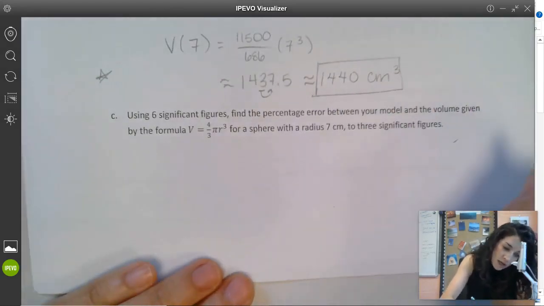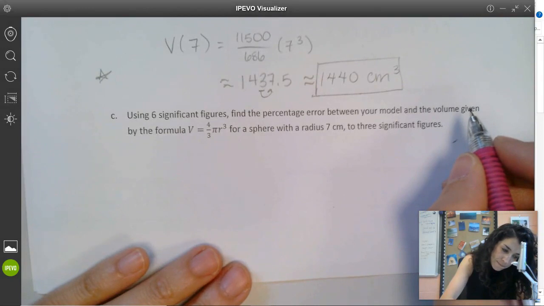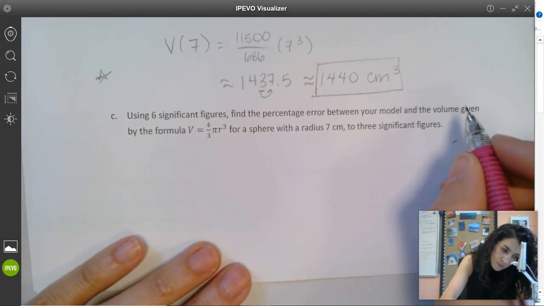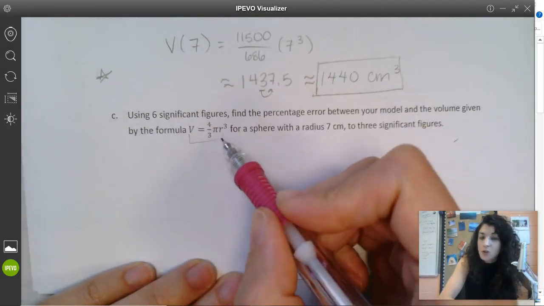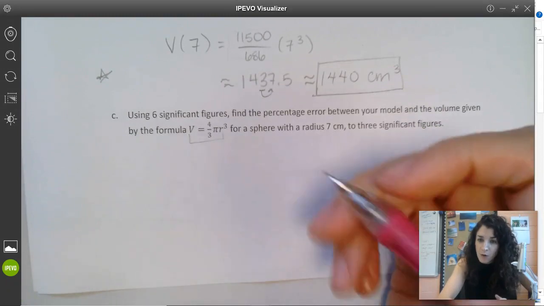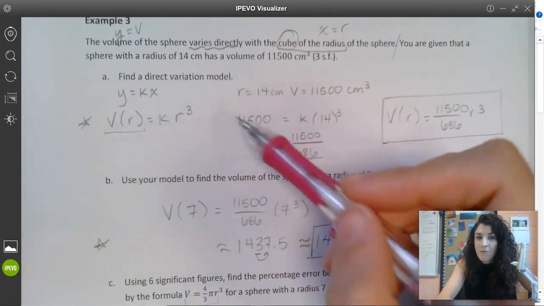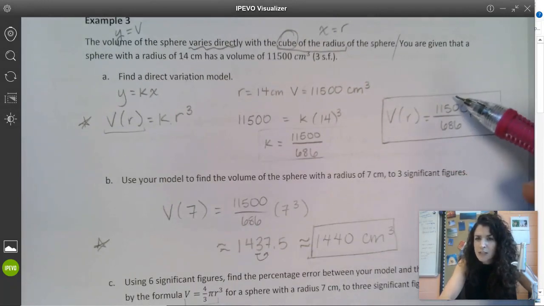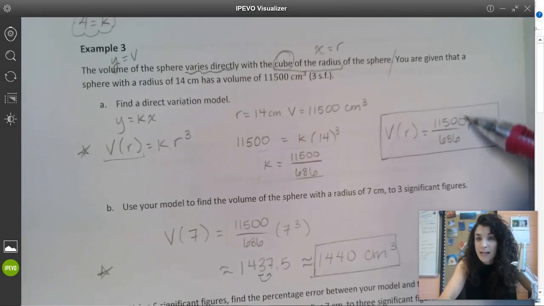So we are given that this is the actual formula for volume, right? This is the formula for volume that we all know. However, we just created a formula that represented volume, right? Volume is equal to pi r cubed, but we just did something else besides 4/3 pi r cubed. We did something else besides 4/3 pi.